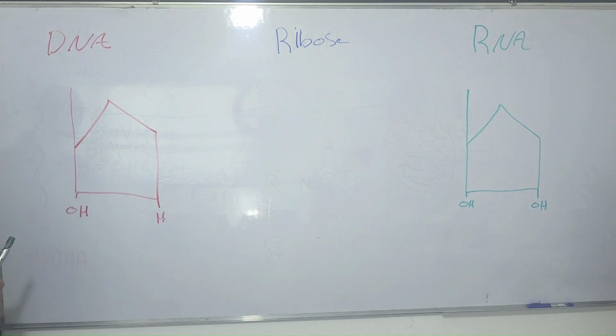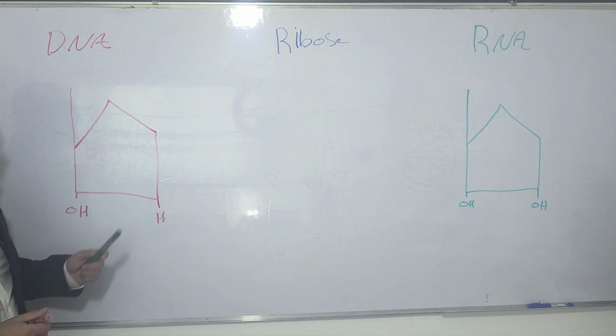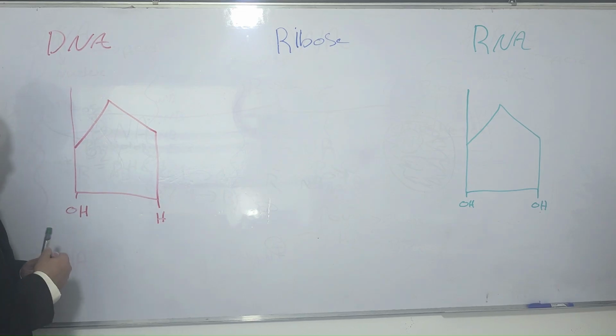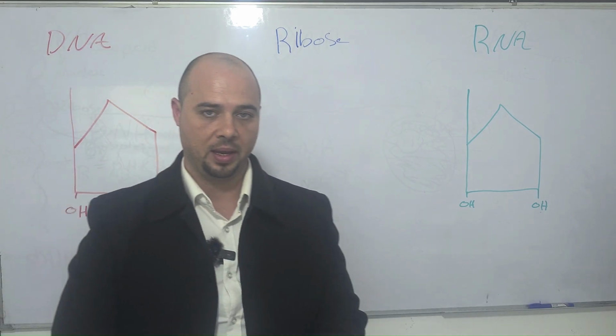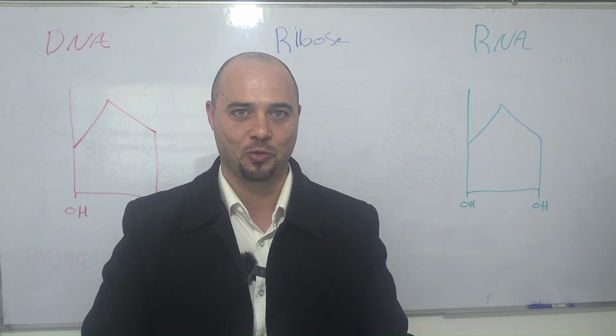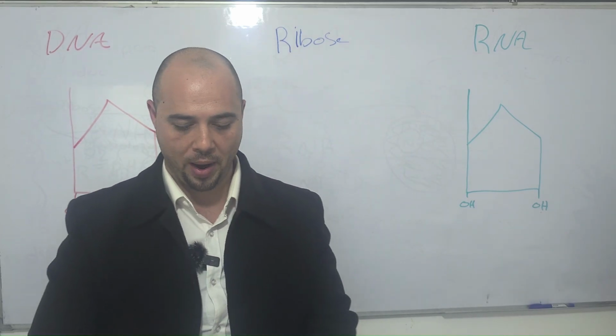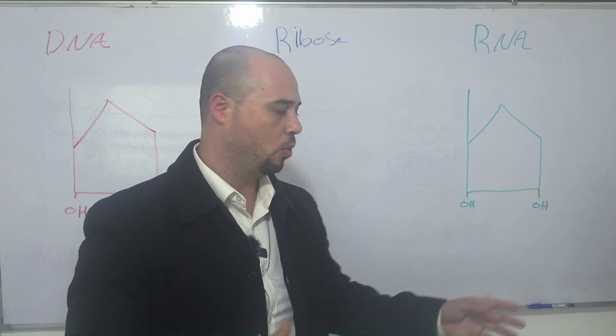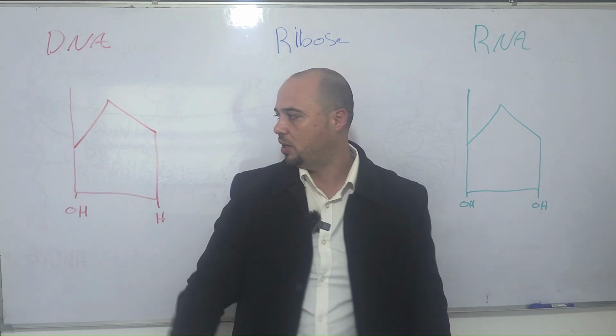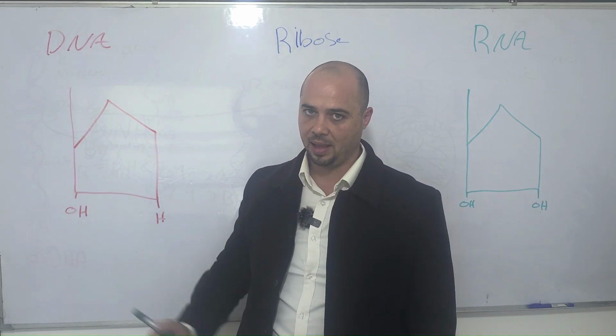At this point, you have a good eye. There's no oxygen group on the ribose sugar that makes the DNA, while on the RNA, there's going to be a hydroxyl group. Remember, hydroxyl, OH. So it has an oxygen, the RNA sugar. The RNA ribose has an oxygen, the DNA lacks it.